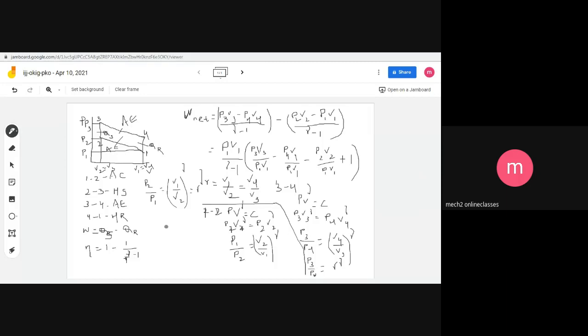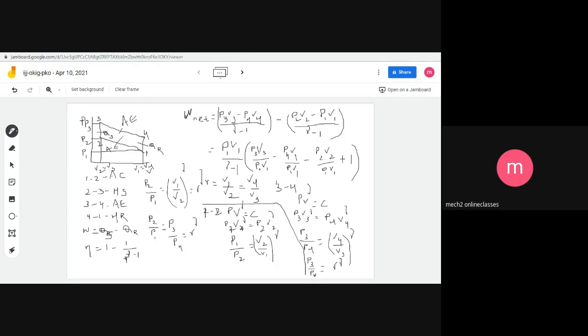So here P2 by P1 is equal to P3 by P4 is equal to R to the power gamma. You just remember this thing.